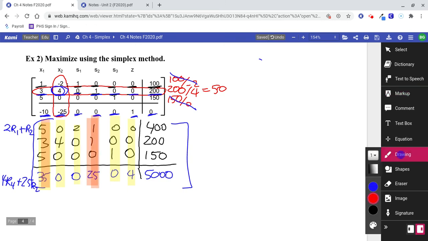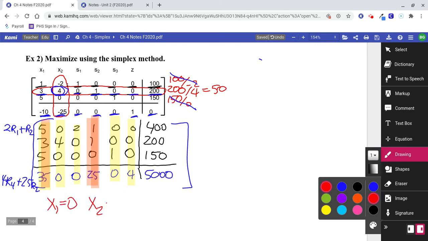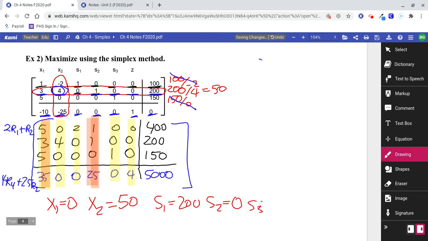So we can see x1 equals 0, x2 equals 200 divided by 4 is 50, s1 equals 400 divided by 2 is 200, s2 is non-basic, 0. s3 is 150. And Z, 5,000 divided by 4 is 1250. That's my optimal solution.